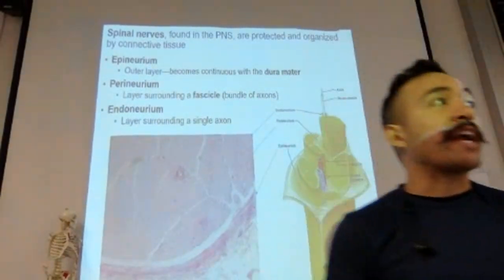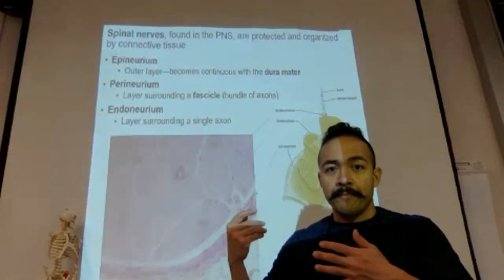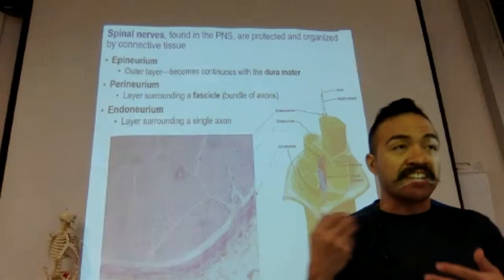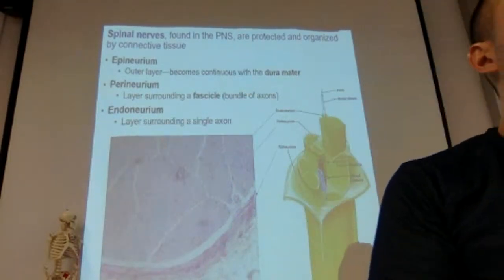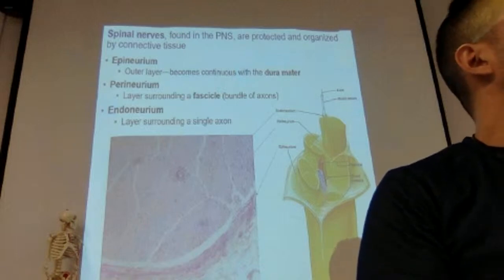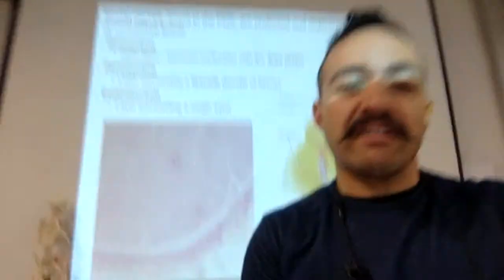Nerves, what is a nerve? A nerve is an extension coming off of the brain or spinal cord. So where can I show you a nerve? You're gonna come with me.